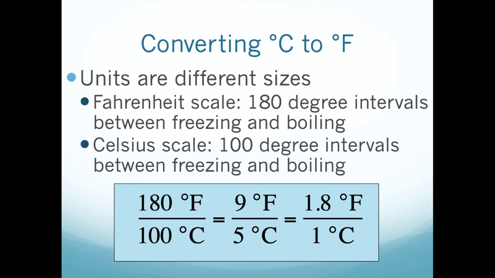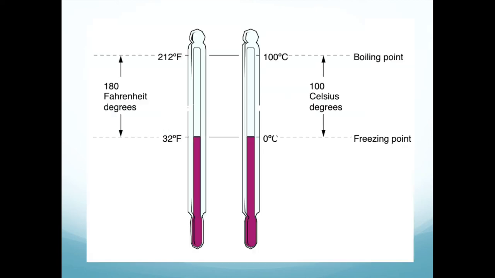They'd be closer together because there'd be almost 2 degrees Fahrenheit for every degree Celsius marking on your thermometer. Okay, so if you want to visualize that, both of these thermometers here work the same way.